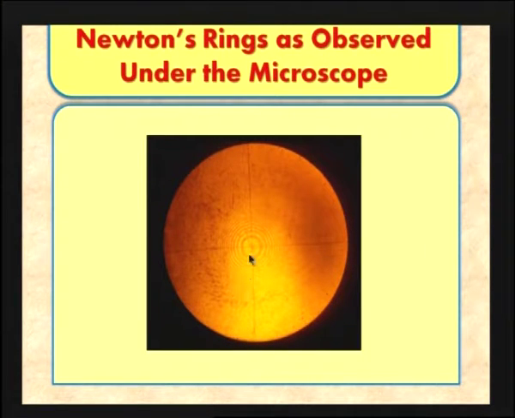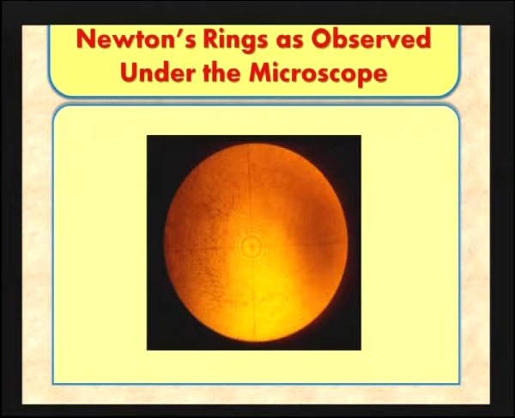You see a bright region, then a dark ring, then a bright ring, a dark ring, a bright ring. This is the exact nature of the rings that were observed by Newton, and so these rings go by the name Newton's rings.